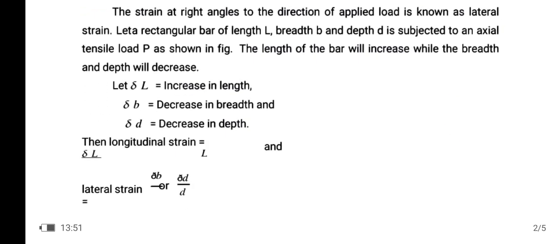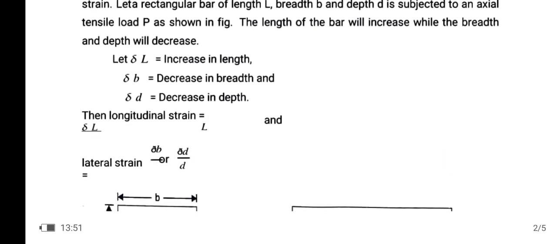Let del L be the increase in length, del B the decrease in breadth and del D the decrease in depth. The lateral strain is equal to change in breadth divided by original breadth, or change in depth divided by original depth.